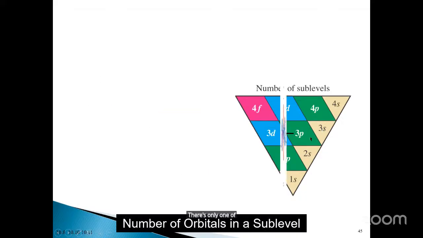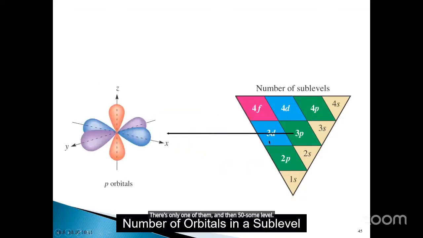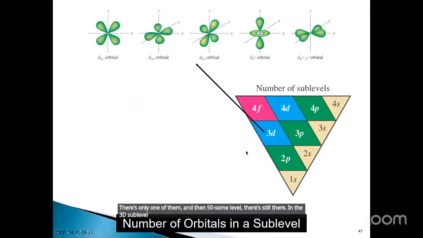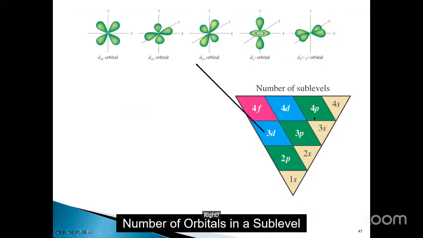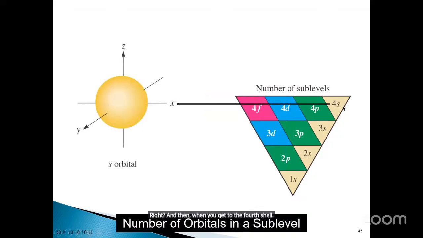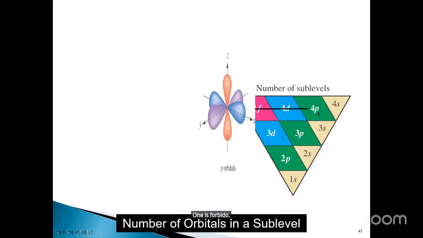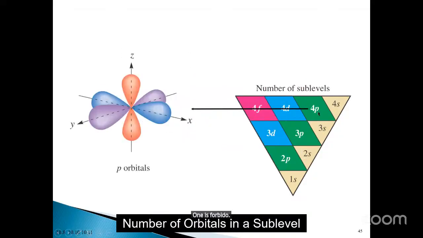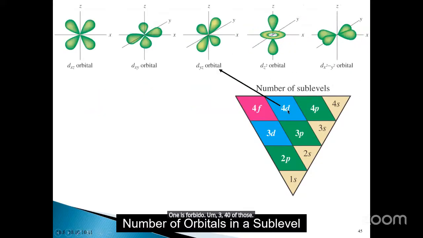In the 3p sublevel, there's 3 of them. In the 3d sublevel, there's 5 of them, right? And then when you get to the 4th shell, 1 s orbital, 3 4p orbitals, 5 4d orbitals, and 7 4f orbitals, which are not even shown here, right? But you do need to know that there are 7 of them, all right?